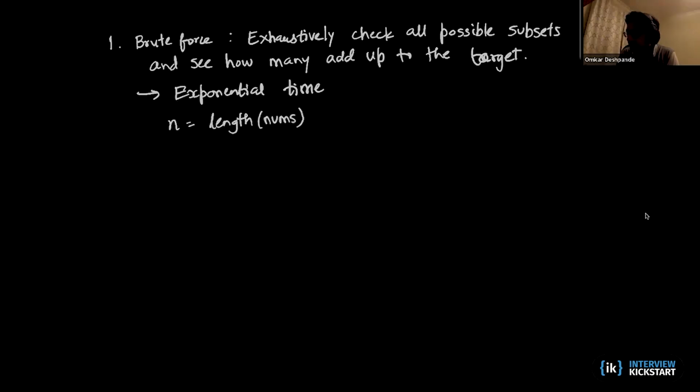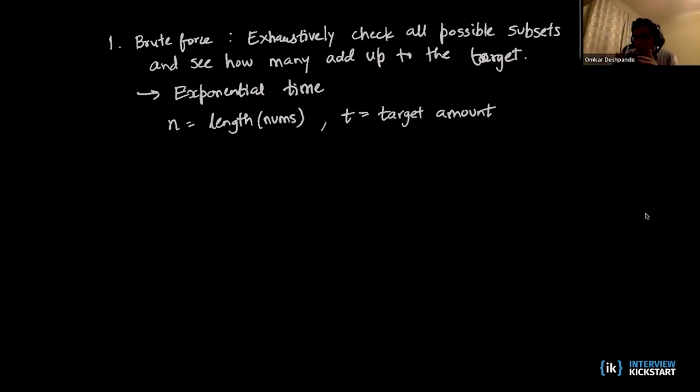So there are two inputs here, right? One input is n, the other input is, you can say, t, which is the target amount. When we check all possible subsets, the number of all possible subsets is going to be at least 2 to the power n. Actually, it's going to be more for the problem that we are looking at, because you can include a particular coin multiple times.